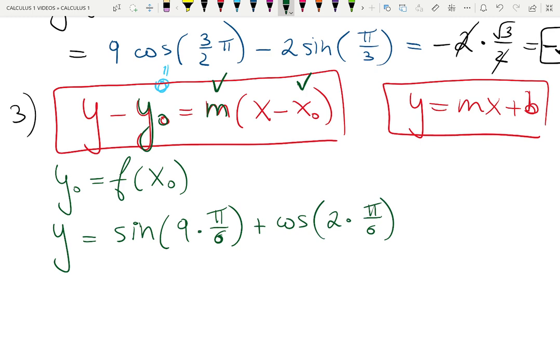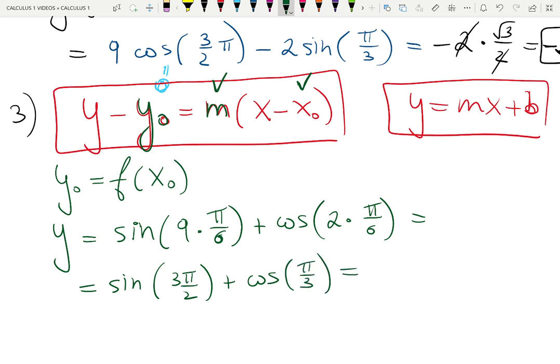Now we will have different angles. Let's simplify again. I will keep it in green color to show you that everything in green is not a necessary step if y sub 0 is given. Sine of 3 pi over 2 plus cosine of pi over 3.